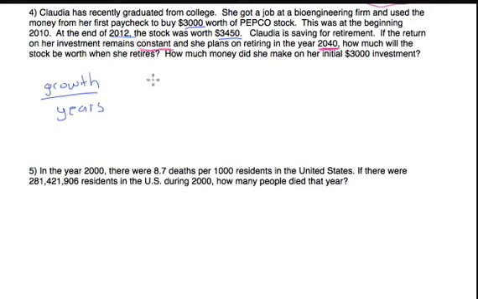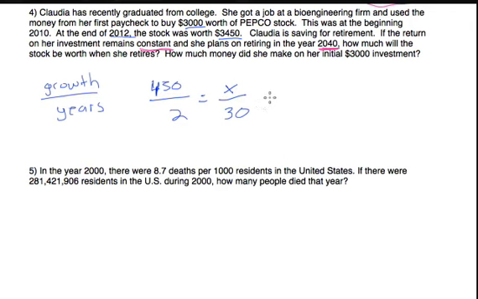So we know that it grew $450 in 2 years. So assuming the return remains constant, assuming this trend continues, then how much will the stock have grown in 30 years? That should be proportional. So let's figure that out.